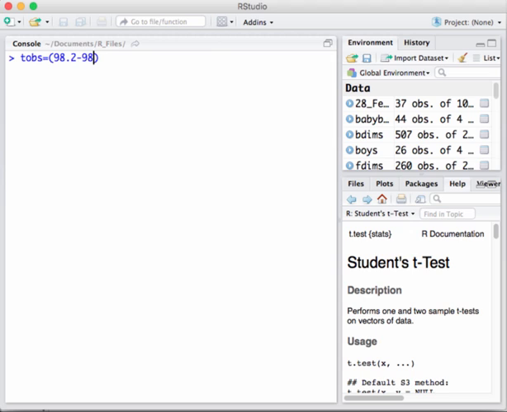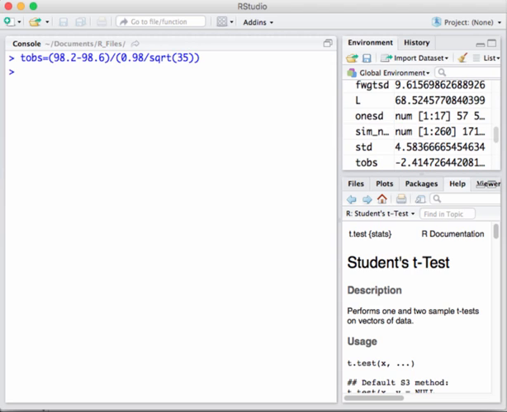Subtract from that 98.6, and then we're going to divide that by, and I'm going to set parentheses for the denominator here, the standard deviation, which is 0.98, divided by sqrt for square root of 35. Okay, so if I hit enter, now that number is in t_obs. Let's go take a look and see what t_obs is. I get it to echo for me, and we notice that our t observed is negative 2.414726, which is a really long way away from 0 when we're thinking about a normal distribution.